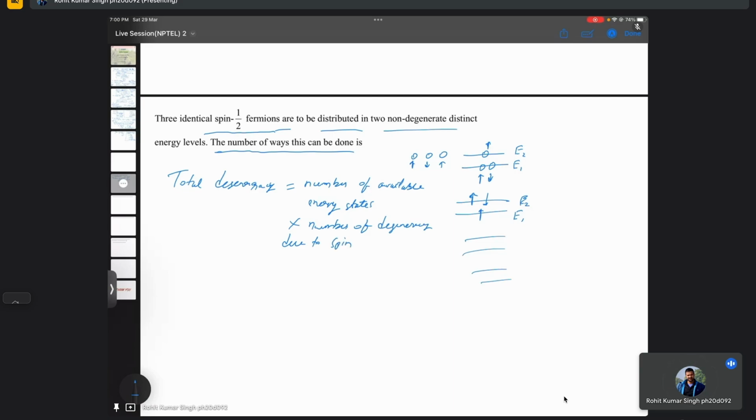Now, the degeneracy due to spin we know is 2s plus 1, right? We know this from quantum mechanics. If the spin is half, then the degeneracy due to spin, which is gs, is equal to 2 into half plus 1, which is 2.